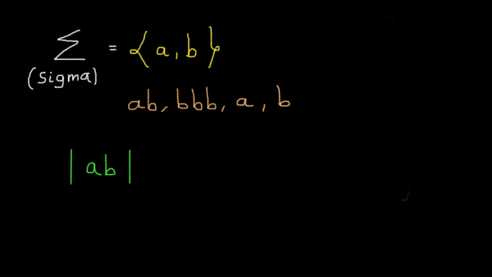How many symbols compose this word? In this case, two symbols, the symbol A and the symbol B. So the length of this word is equal to 2. Now, what is the length of the word BBB? Well, we count the number of symbols and we see that it has a total of 3 symbols. We have 3 B's together. And so the length of this word is 3.